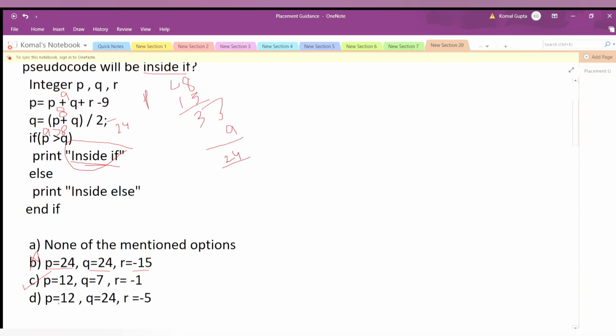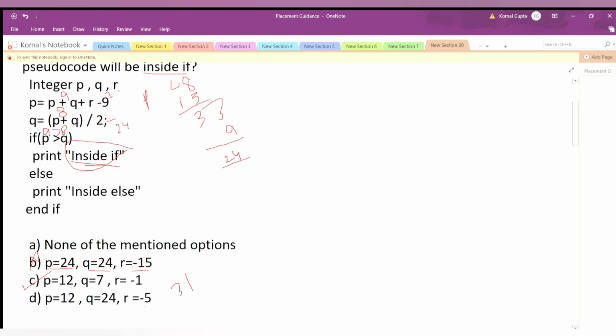Now the value of P is 12, Q is 24 and R is minus 5. So the value of P will be 12 plus 24, that will be 36, and 36 minus 5 will be 31. Okay, and 31 minus 9, so the value of P will become 22 here.